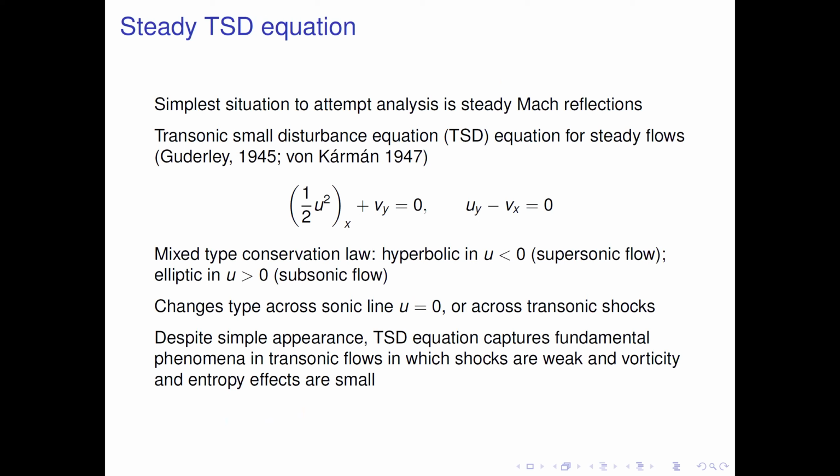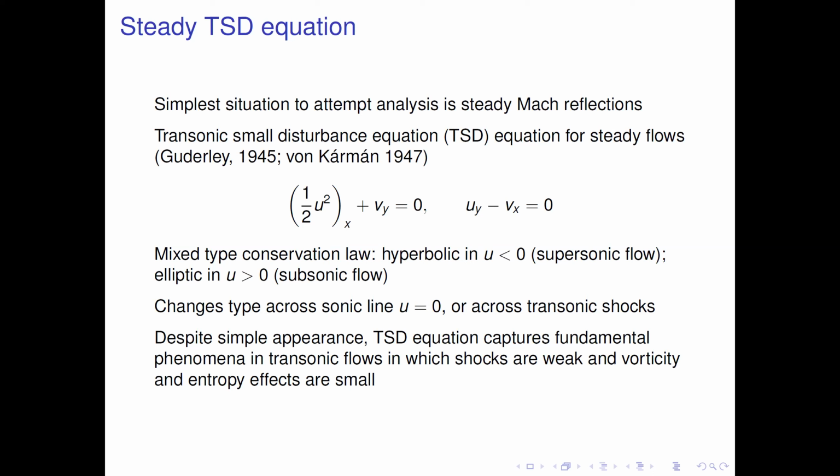And I mean, they look ridiculously trivial, right? And these actually go back to Guderley, who was doing it in Germany during the war years, and von Karman. And then the Lin-Reissner-Tsien unsteady equations, they subsequently put in the time dependence as well.